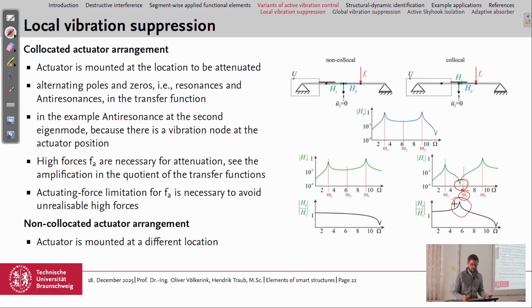So we can directly read from this fraction of the transfer functions for which frequency we need high forces to calm down the vibration. Therefore, usually the limited force the actuator can bring is the limit for the vibration suppression in this collocated arrangement.